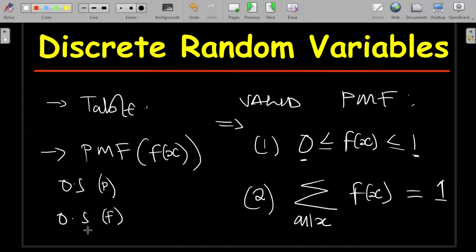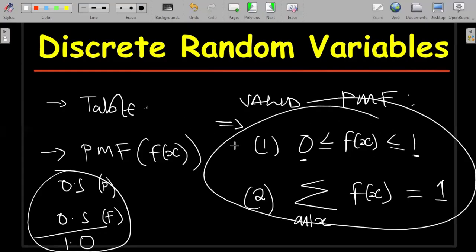Also be 0.5, so that when you add them you get 1. When we add the probabilities of all the values that x can take, we should always end up with what? 1. It's very important to know these two because we are going to use them to answer questions.